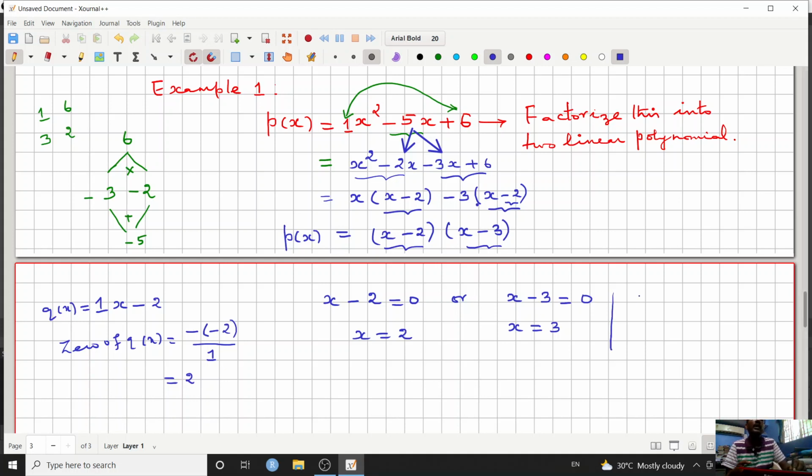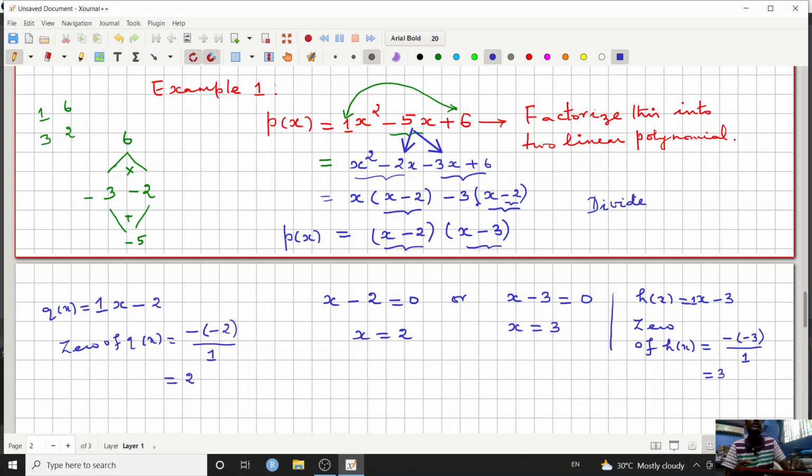In a similar manner, you can do here also. If you take h of x to be x minus 3, then 0 of h of x, we know the formula, is minus constant term, minus 3, divided by the coefficient of x, which is 1, which is nothing but 3. Now the method that we have used is divide and conquer.